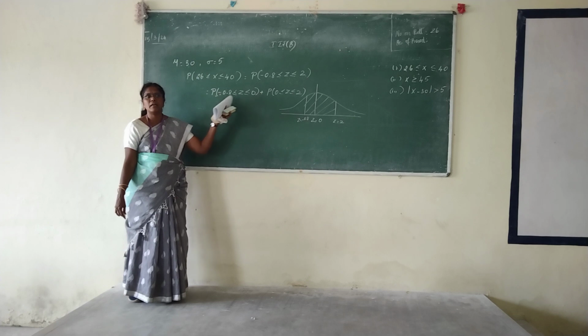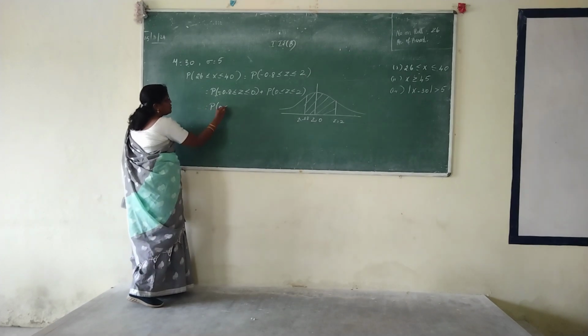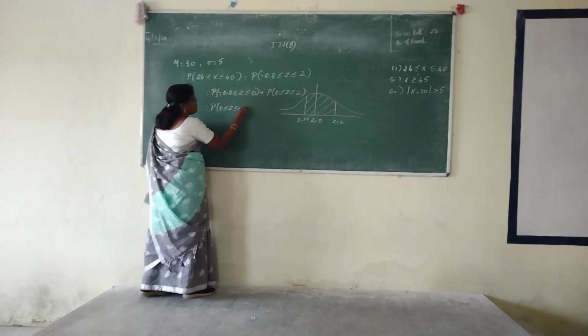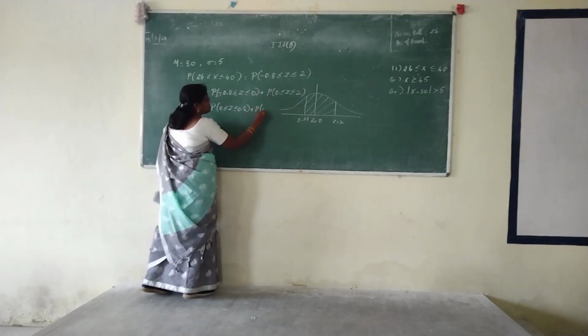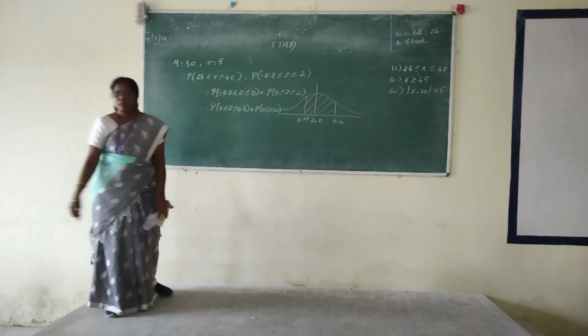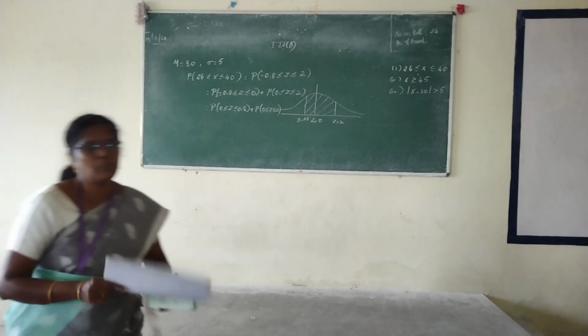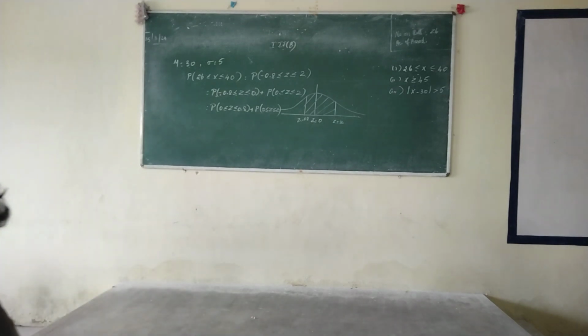No. So rewrite it as positive: probability of 0 less than or equal to z less than or equal to 0.8, plus probability of 0 less than or equal to z less than or equal to 2. Take the normal tables, everyone. Table number 7 now. Table 7, normal tables. Everyone having that one?